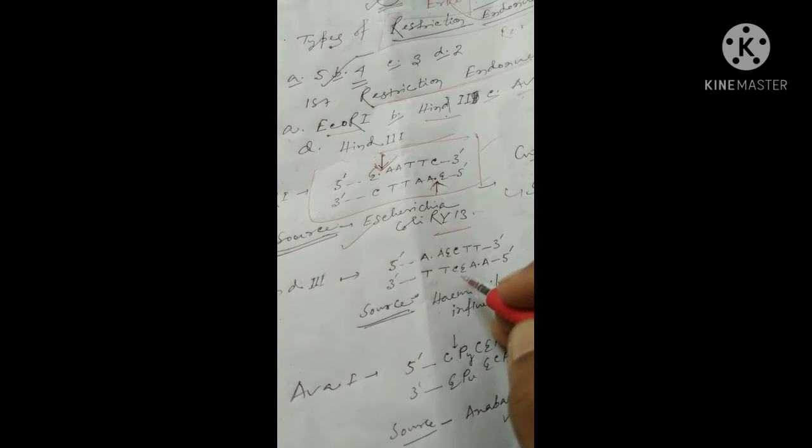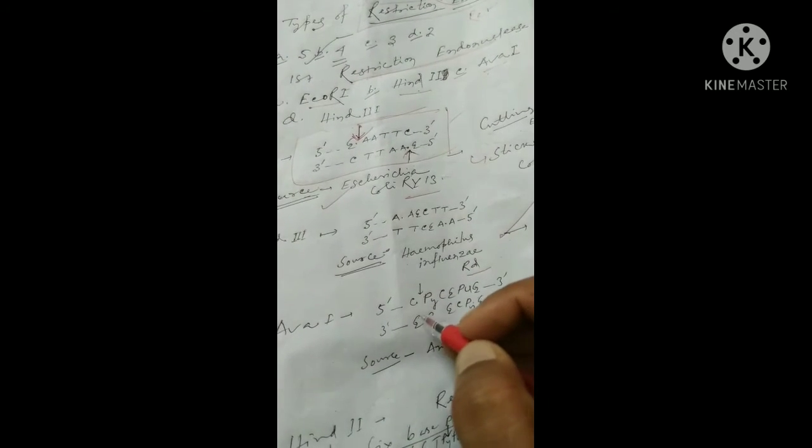The source is Escherichia coli RY13, and the cut produces sticky or cohesive ends. In case of Hind3, the source is Haemophilus influenzae Rd, and the sequence is 5'-AAGCTT-3'. Hind3 cuts to give sticky ends.